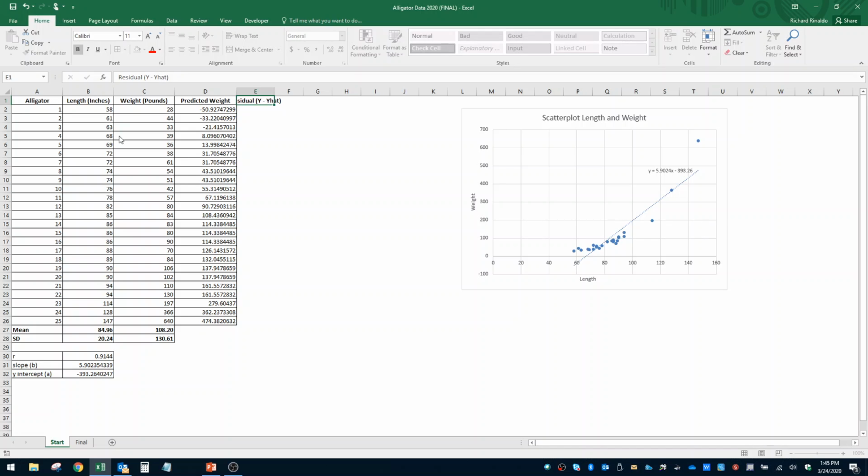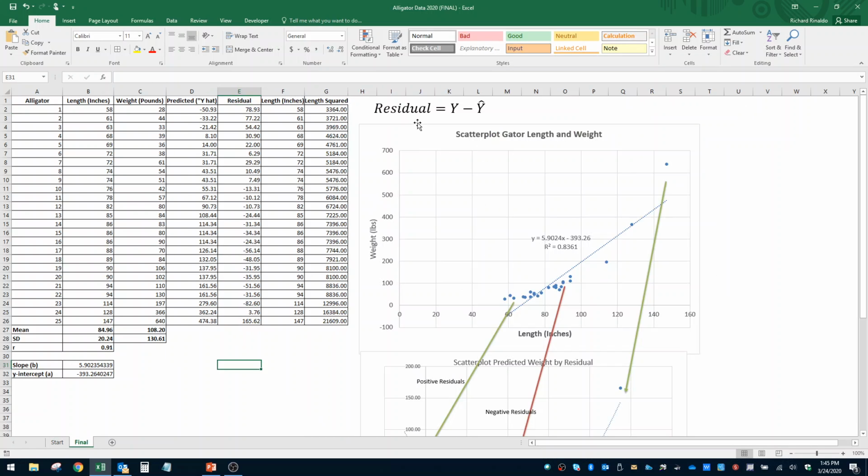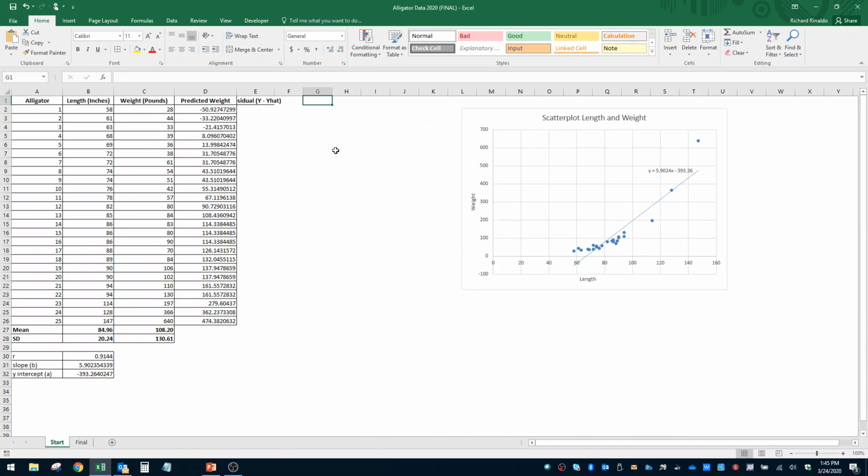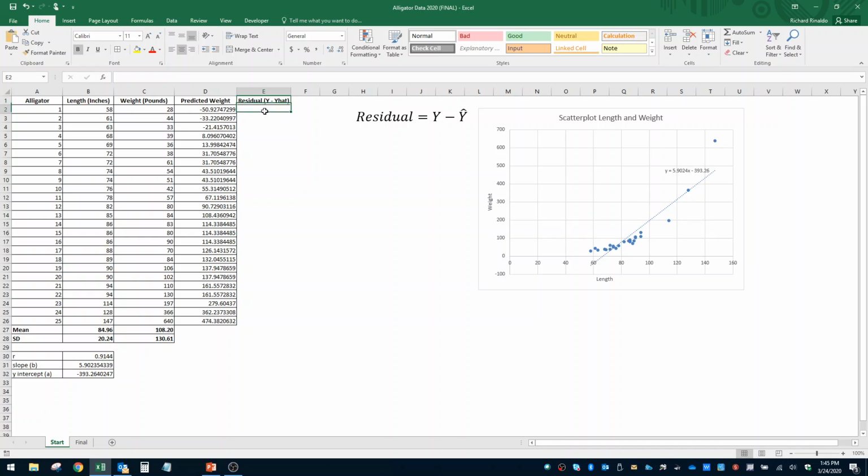And y hat, that symbol, which I'll pull here, stretch that out. So that's equal to the actual weight minus the predicted weight.